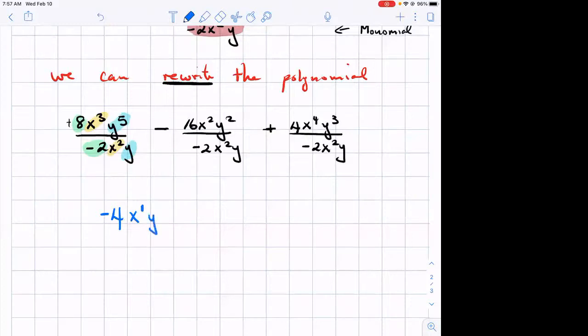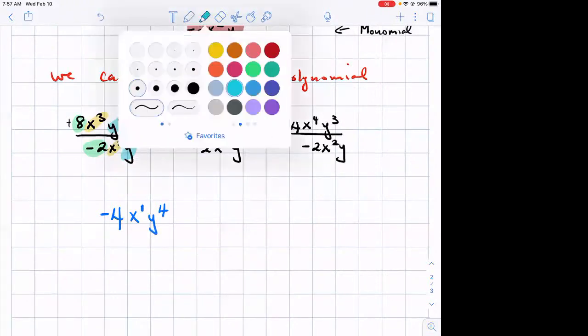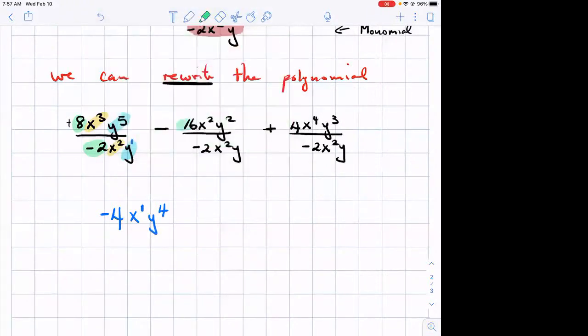And then we have y, 5 minus this invisible 1 there, becomes 4. Let's move to the other terms. We have now negative 16 divided by negative 2. And negative divided by negative becomes positive. 16 divided by 2 is 8.